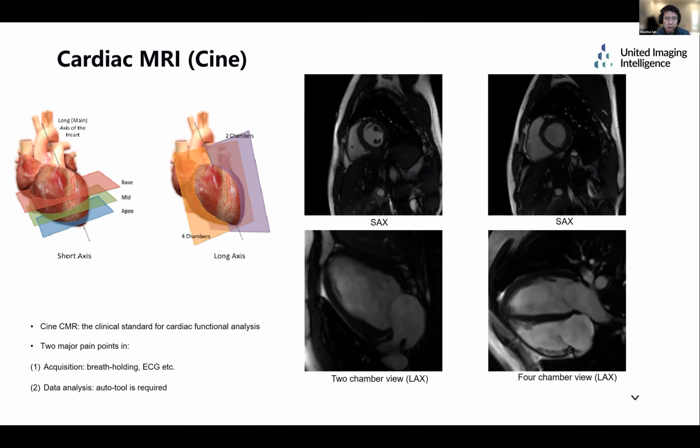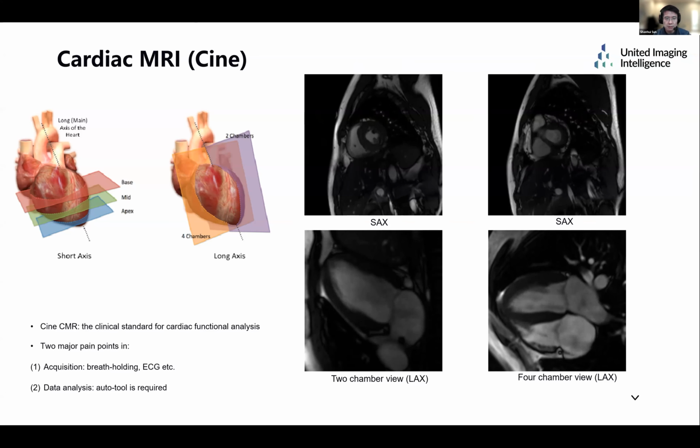Cine cardiac MRI is the clinical standard for cardiac functional analysis, but there are two major pain points in clinical application. One is the acquisition. The acquisition itself is pretty slow. Patients stay in the scanner for a long time.